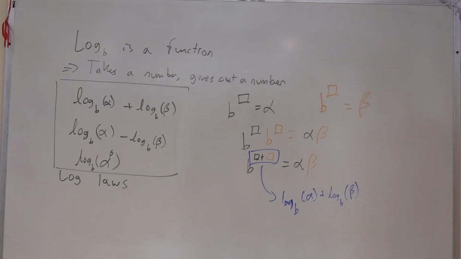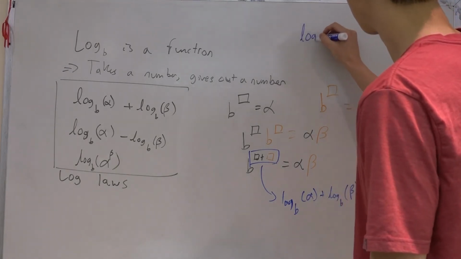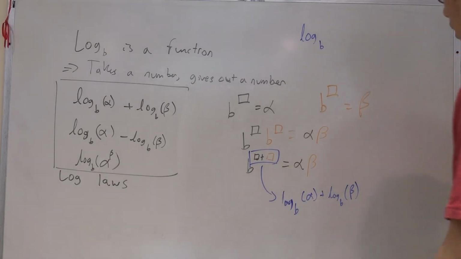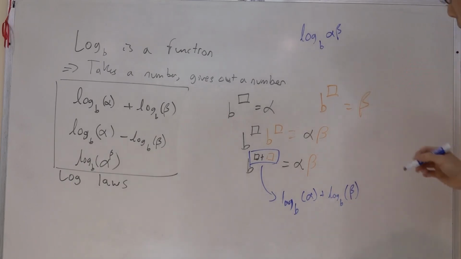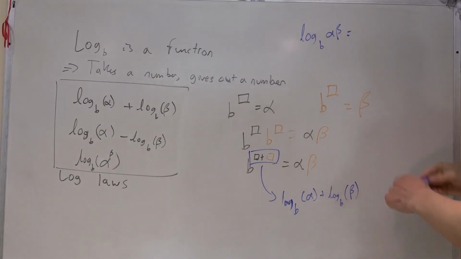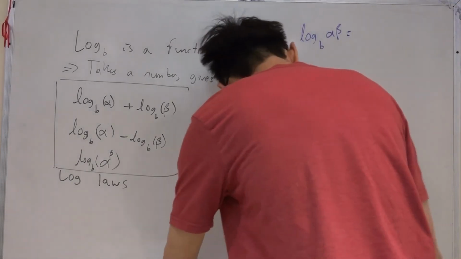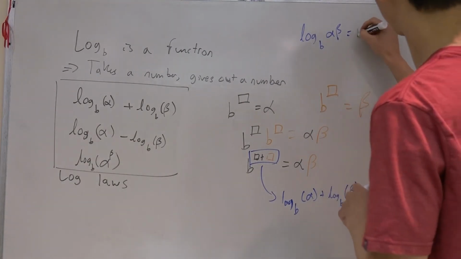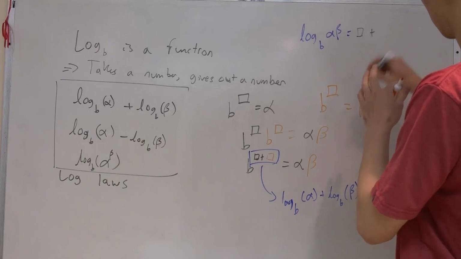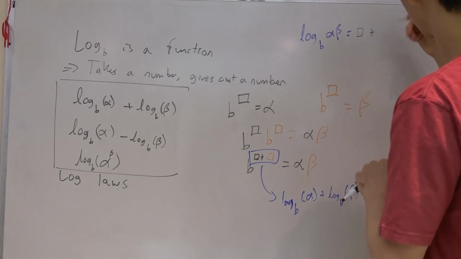We can interpret it as log to the base B of alpha times beta, which is equal to black box plus orange box.